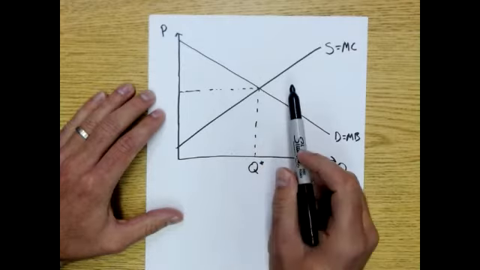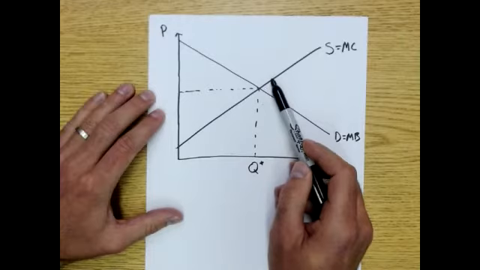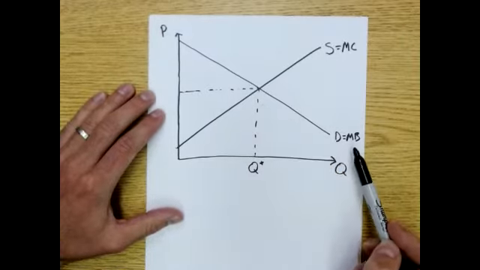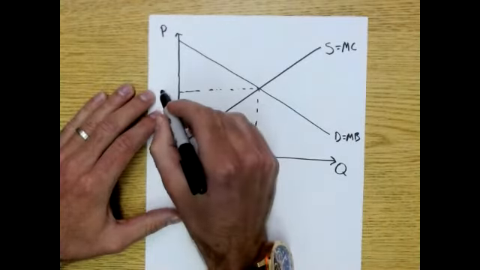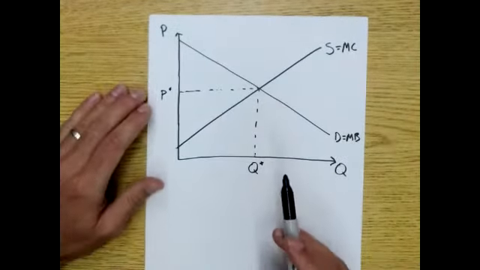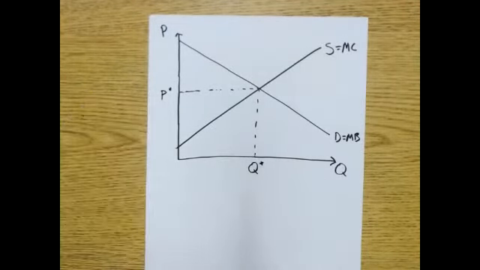At any quantity past this point, the cost to the producers willing to supply that to the market is greater than what consumers would be willing to pay, because consumers are willing to pay up to their marginal benefit. So we identify our equilibrium price and quantity by where those two curves, supply and demand, intersect.